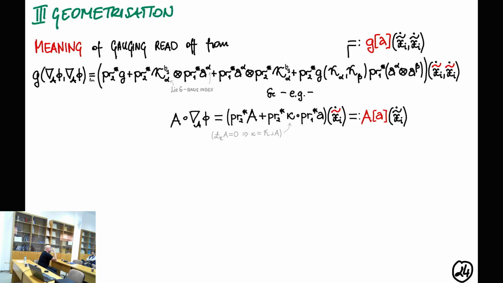Well, not F mod G, but in our case, X mod G. G was an isometry of X. So you see, in this simplified setting, I have the minimally coupled metric term, and I have the minimally coupled global connection one form for the electromagnetic field.